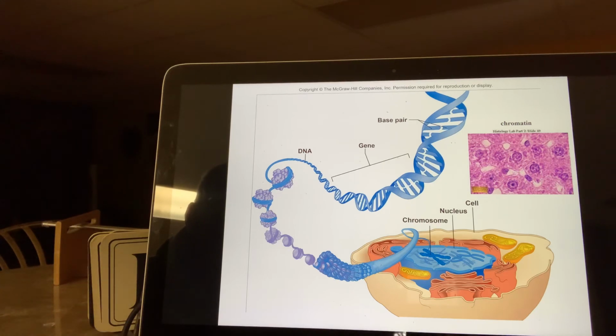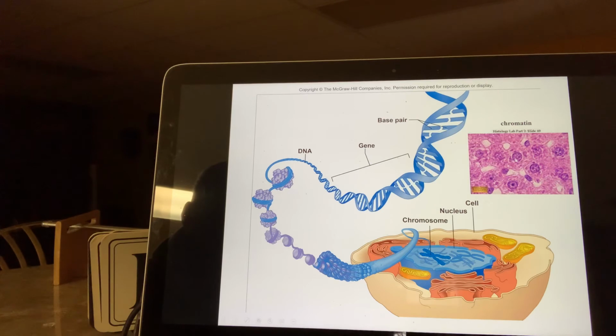Normally in the cell, the DNA is not pulled together into structures called chromosomes. Chromosomes only occur when the cell is getting ready to divide and the DNA has made a copy of itself. Normally, the DNA is spread evenly throughout the nucleoplasm, the area inside the nuclear envelope, as what is called chromatin.